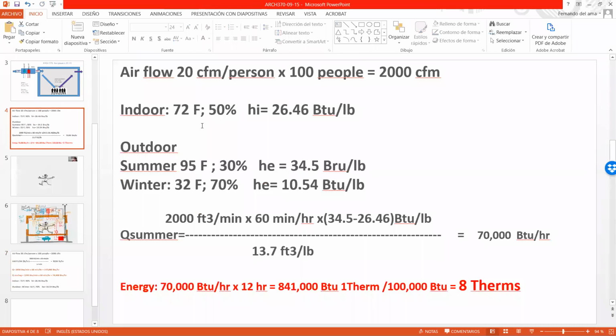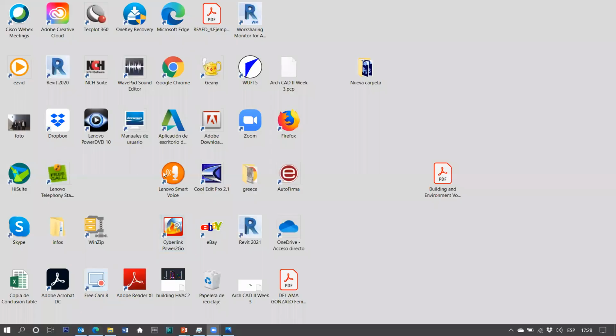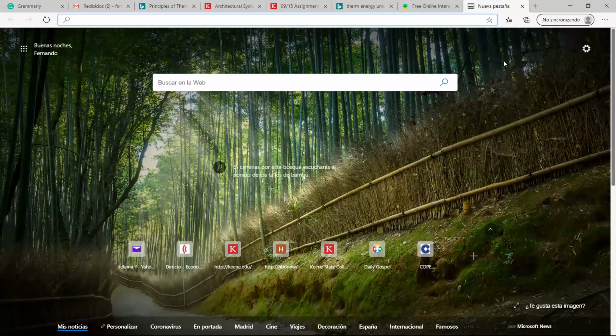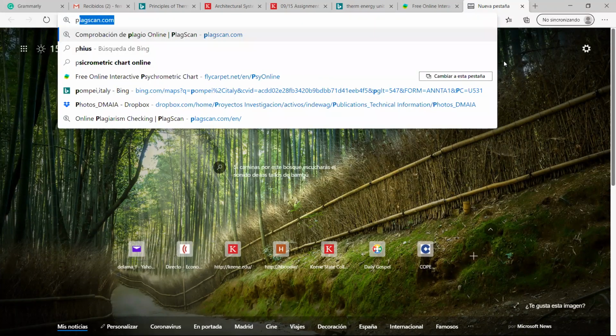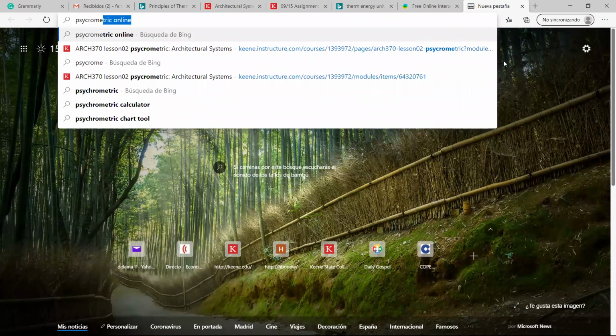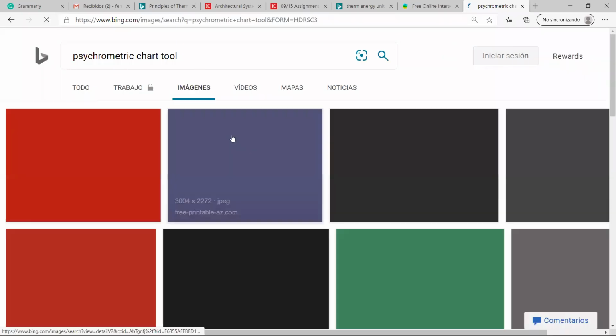Okay, so we can use the old-fashioned psychrometric chart. If you are against new technologies and you don't like internet and you hate Bill Gates and all that stuff, you can always copy an old-fashioned psychrometric chart. There are plenty of them.